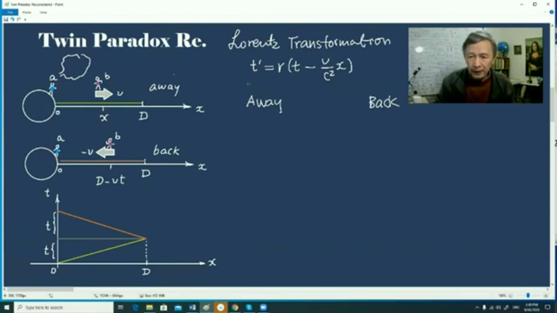Now, in the first place, he can argue that you can just copy the time here. In this case, because the velocity is positive, it's away. So the local time on frame B can be written exactly as in the Lorentz formula itself, where t and x are the time and the position measured by twin A. This is step one.